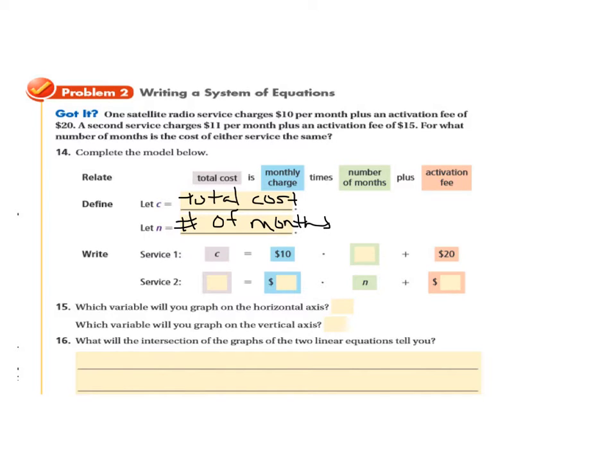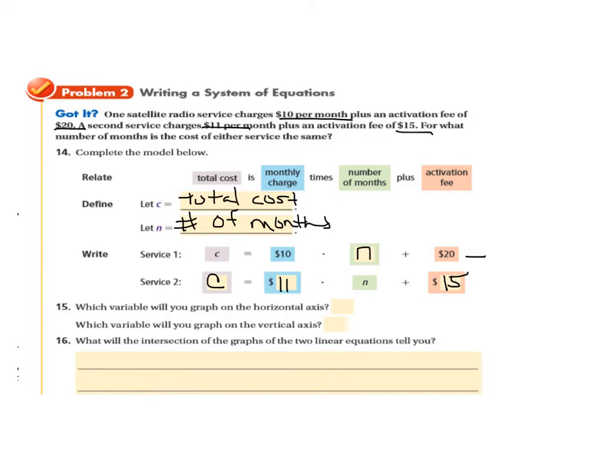All right, for the first service, you'll notice from reading the problem that it charges $10 per month. So that's $10 times N plus our initial fee of $20. All right, and for service 2, the total cost is going to be equal to $11 per month plus an activation fee of $15.